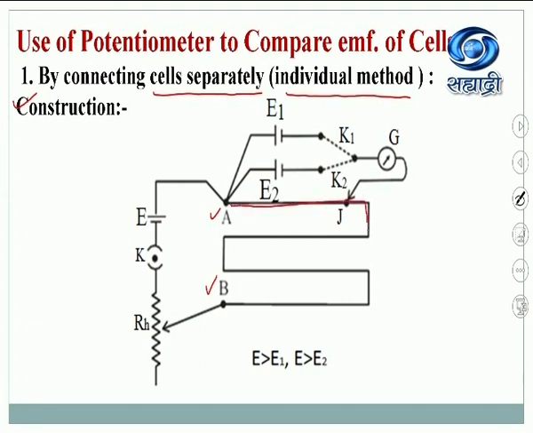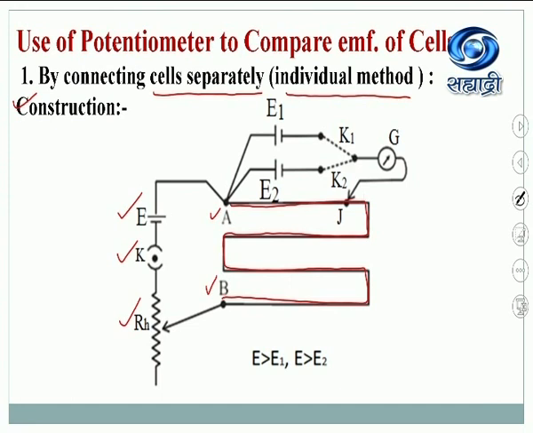That is, from A, this is a single wire whose other end is at B. So the potentiometer is a long uniform wire. Across this potentiometer wire, a battery having EMF E, key K and the rheostat are connected. See, this is the common thing. Whenever we use the potentiometer, we connect the battery, key and the rheostat across that potentiometer wire.